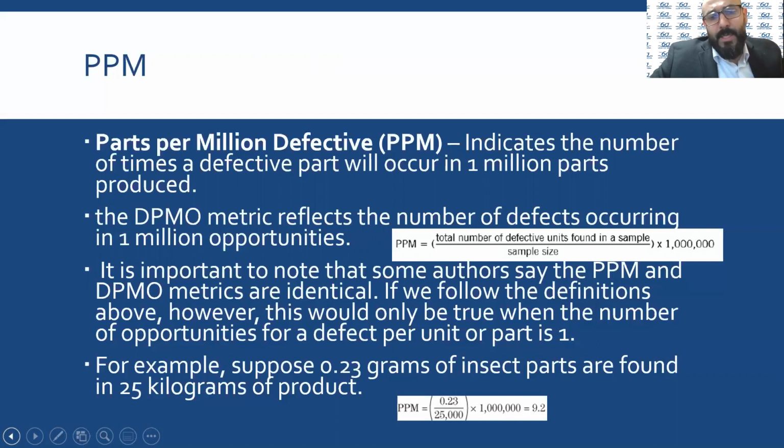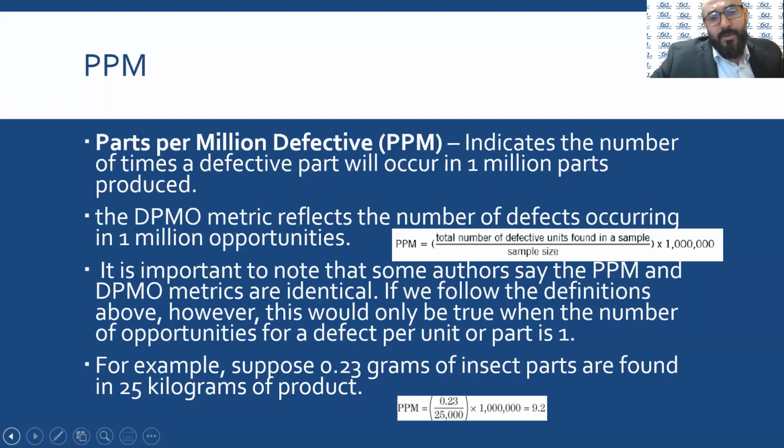This is another example. Take a look into the example. These are real examples. You will see them in the certification exam. Suppose 0.23 grams of insect parts are found in 25 kilograms of product.